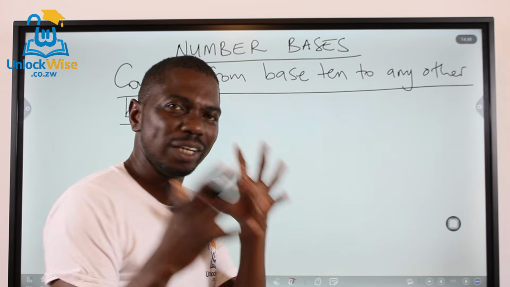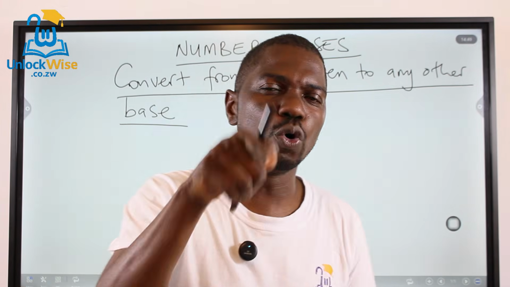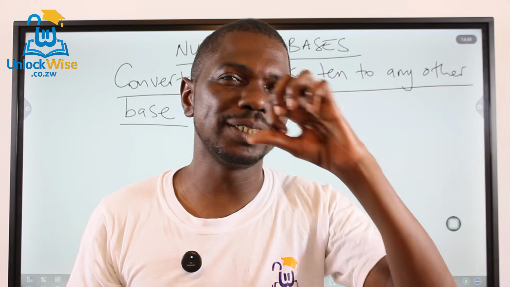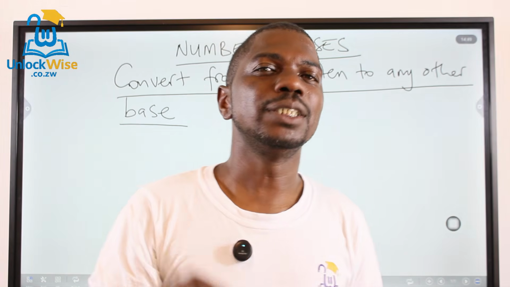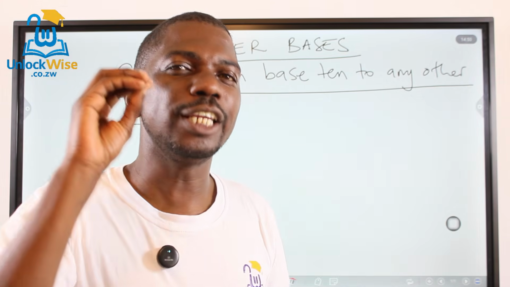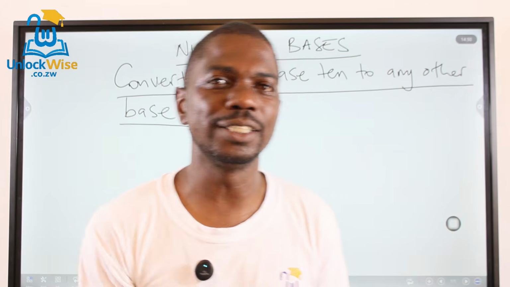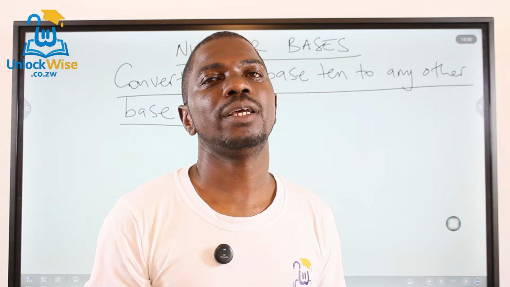Right. So what you would do is you do repeated division with the new base number until 0 is reached. Each time noting the remainder, and you read the remainder upwards, right?